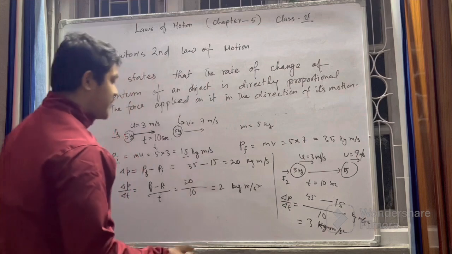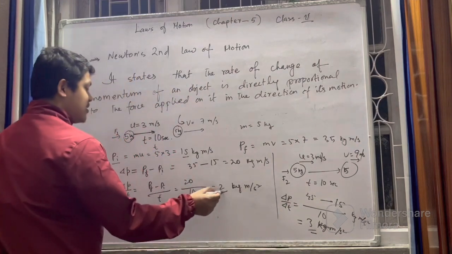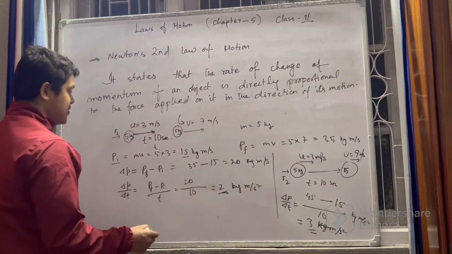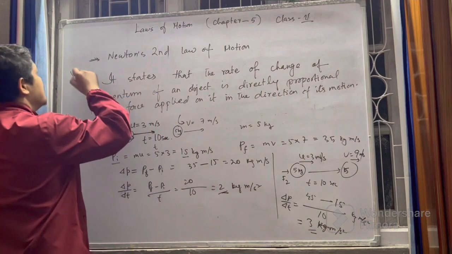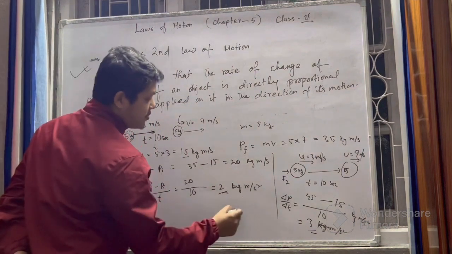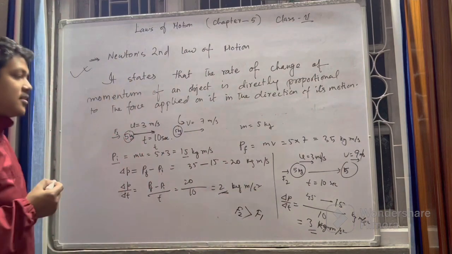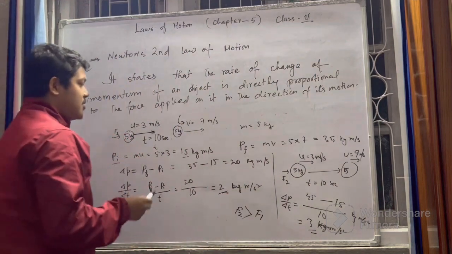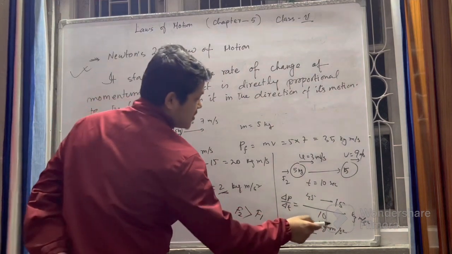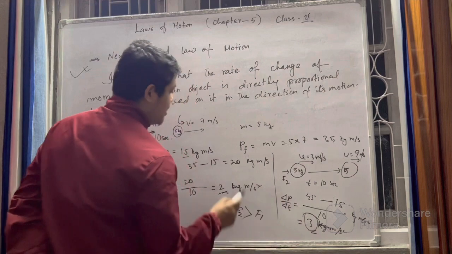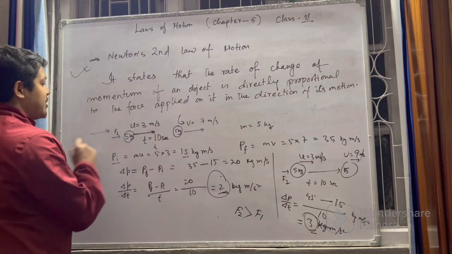So here you see, the rate of change of momentum is more than the rate of change of momentum in this case, right? So that's why, according to Newton's second law, this F2 must be greater than F1, right? Because here the rate of change of momentum is more than when you applied force F1.